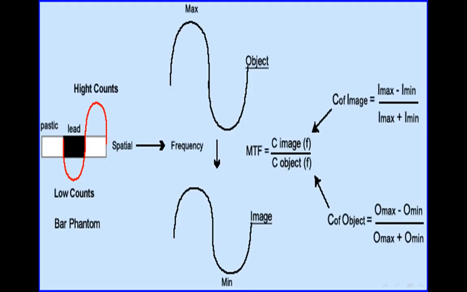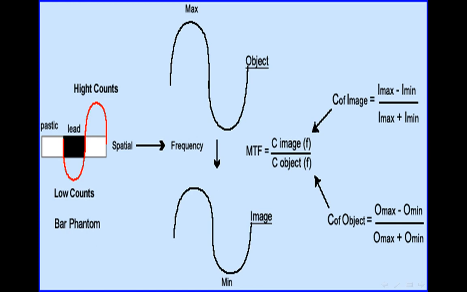This lead is the black line, and this lead will absorb a lot of radiation, so a low amount or low counts of radiation will be transmitted to be detected with the gamma camera.